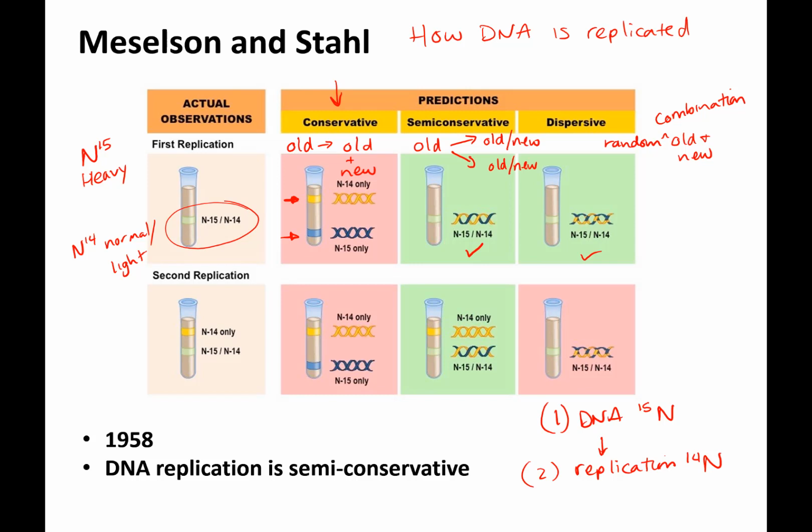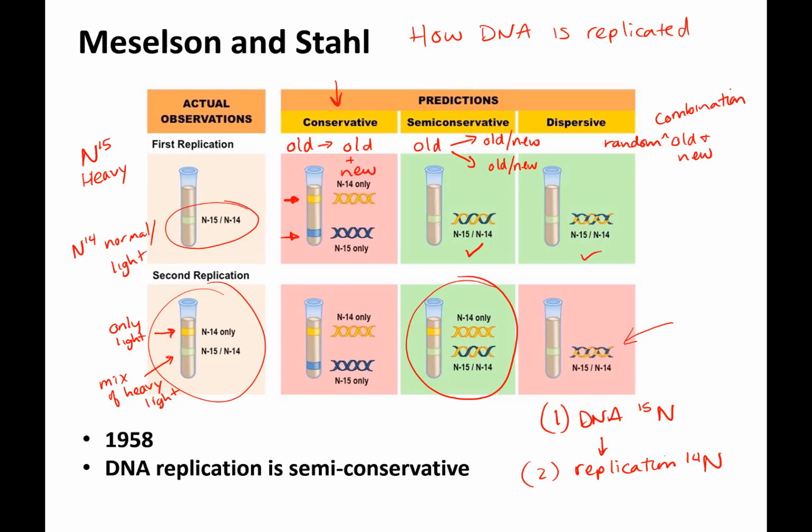Okay, so one round of replication couldn't distinguish between semi-conservative and dispersive, so they did a second round of replication, and what they found was that some of the DNA was now only light, and some of the DNA was still a mix of heavy and light. And that corresponded with semi-conservative. Because if it was dispersive, you would still always have this random combination of old and new.